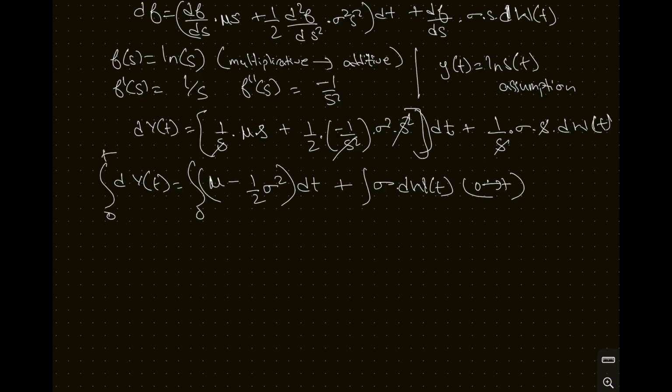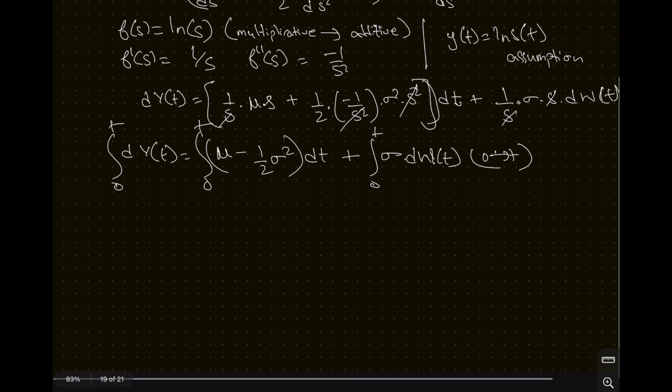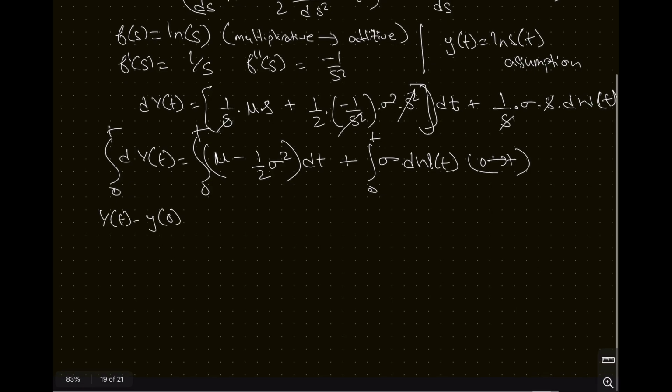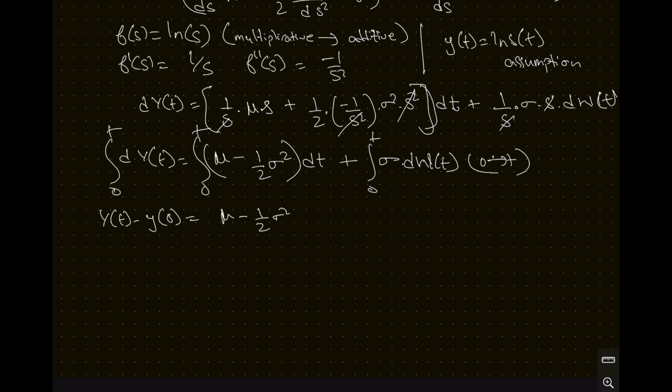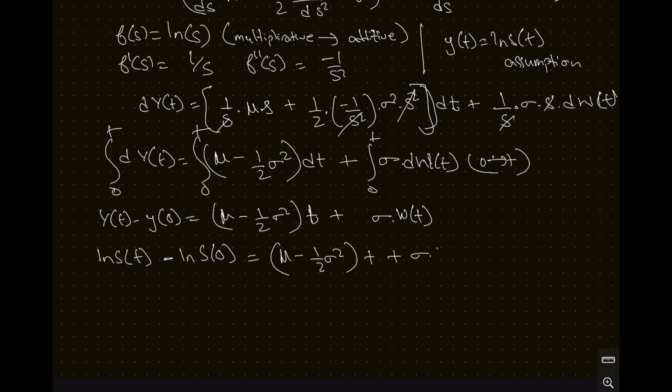So we get y of t minus y of 0 equals (mu minus half sigma squared) into t minus 0, which is t, plus sigma into W of t minus W of 0. And we know that y of t is ln of S of t, so this would be ln S of t minus ln S of 0 equals (mu minus half sigma squared) t plus sigma W of t.